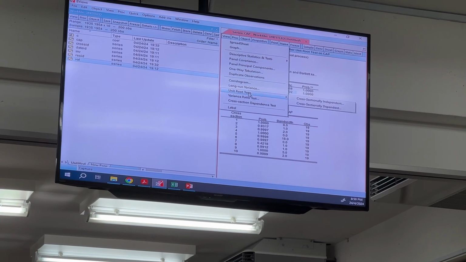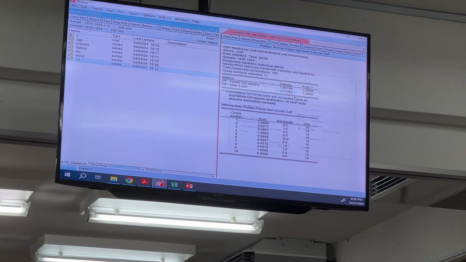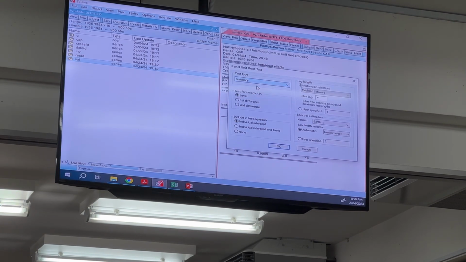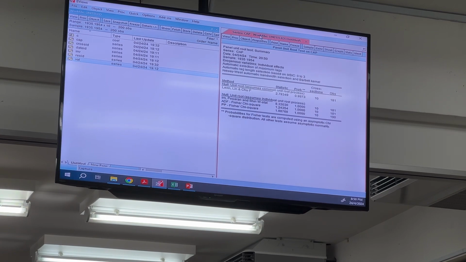Then there is a way. If you observe, once we go to the unit root test, there is a summary. Summary means a summary for all your results, so there is no need to run one by one. Once we click OK, there is a summary. The summary reports the LLC, the IPS, and the ADF.